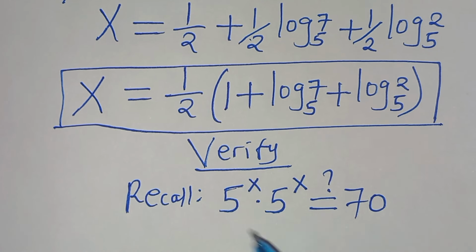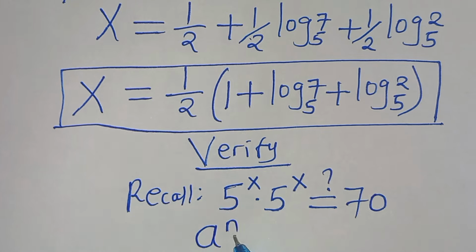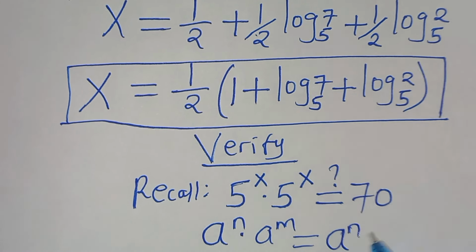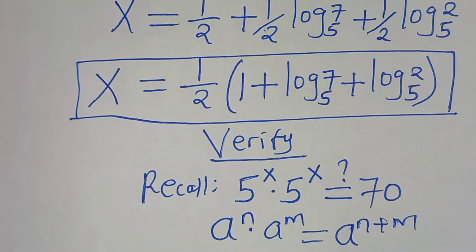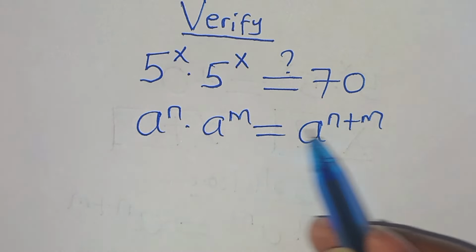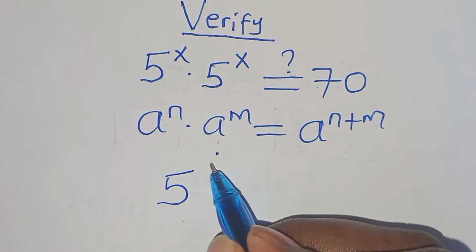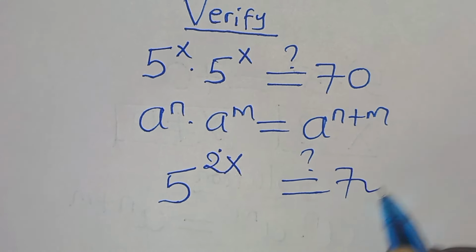So you find that 5 to the power of x times 5 to the power of x, this is in the form of a to the power of n times a to the power of m, which can be expressed as a to the power of n plus m. So let's apply this exponent property from here. Now applying this exponent property, then we have 5 to the power of x plus x, and this is 2x. This should give us a value of 70.